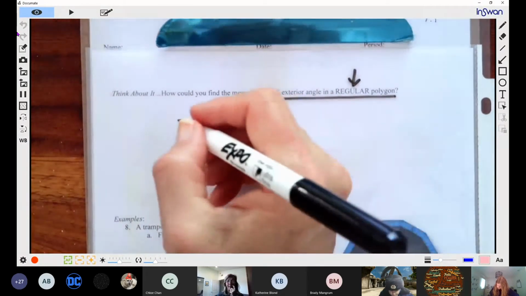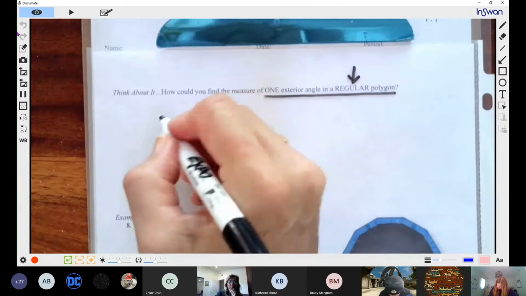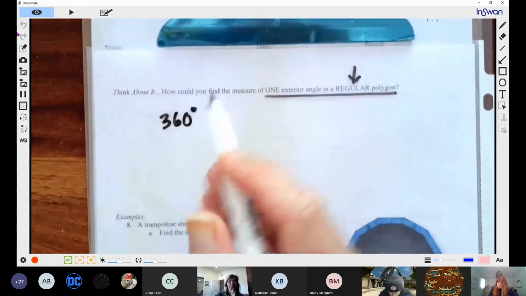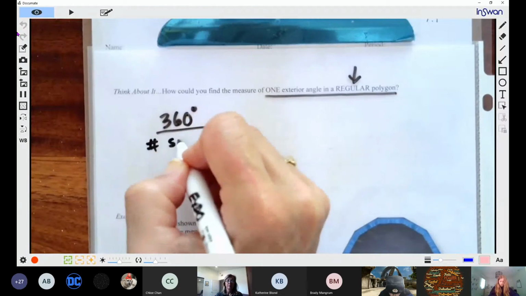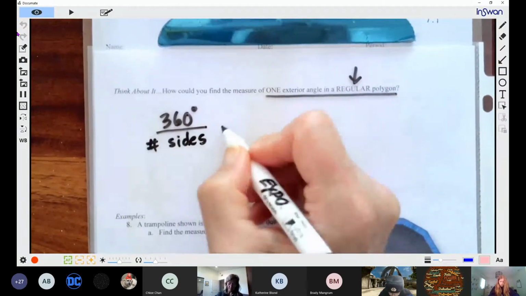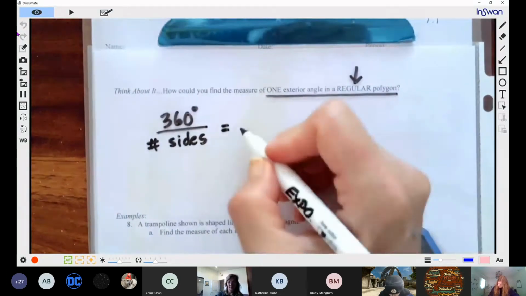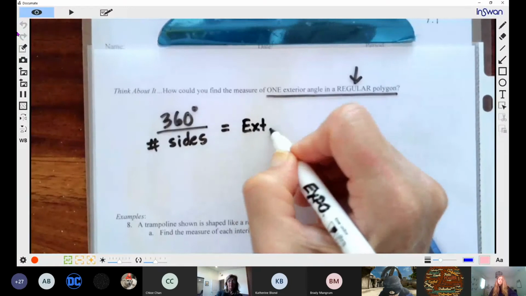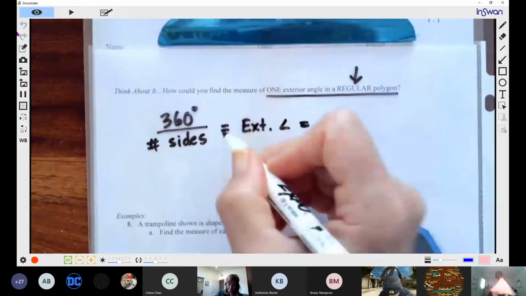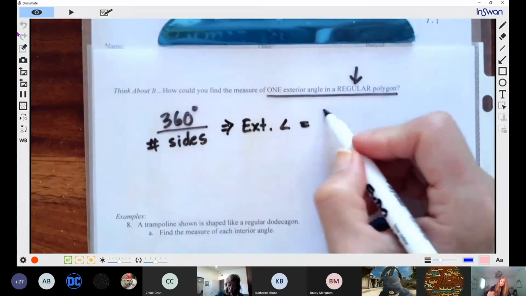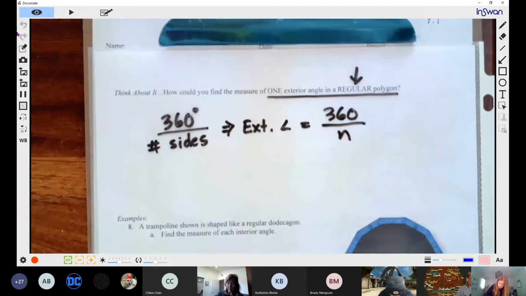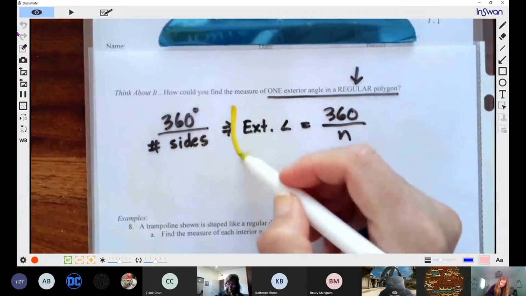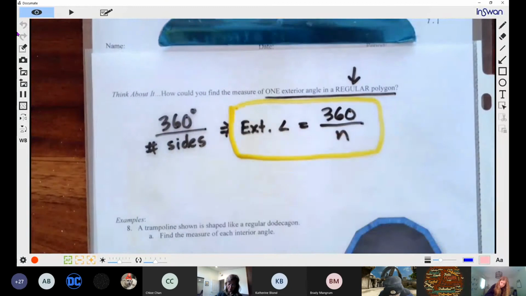If we know that it always has to add up to 360, wouldn't you just divide by the number of sides? So the measure of an exterior angle equals 360 over n. That's it.